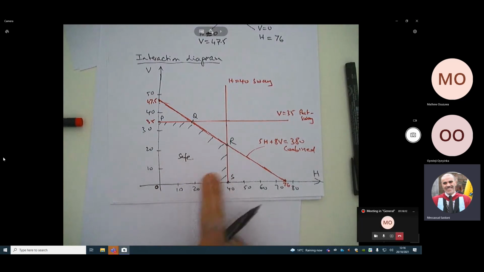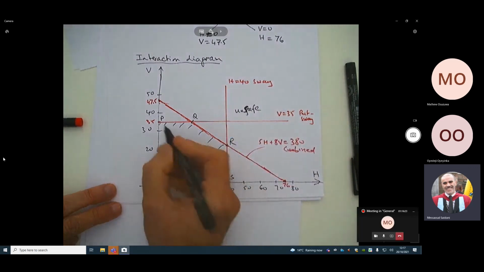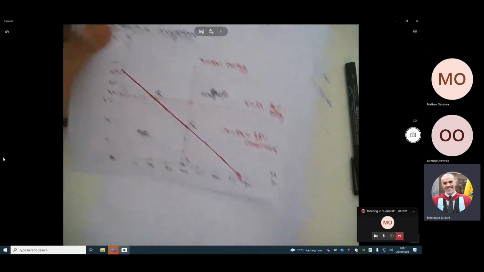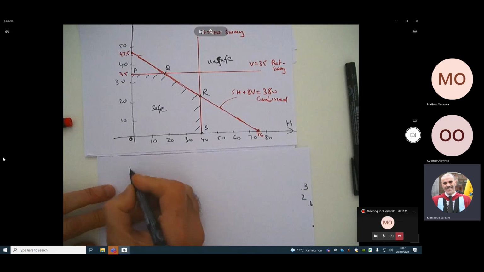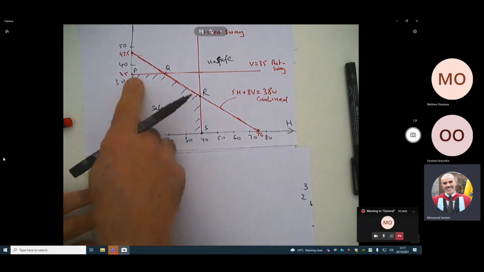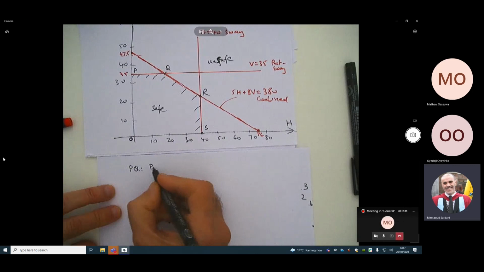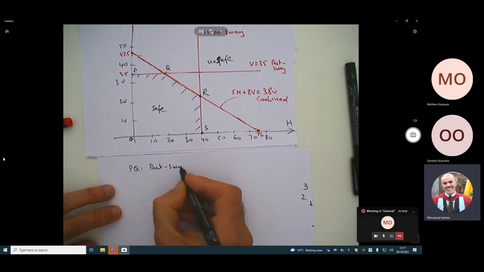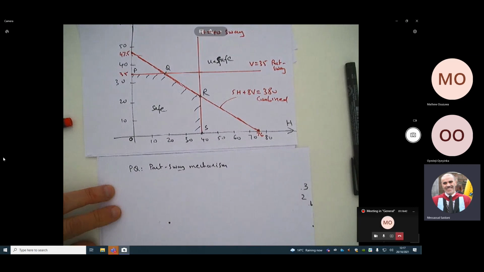So anything inside the border here is safe. Anything outside, obviously, is unsafe. Okay? Then we have the specific lines. PQ is the part sway mechanism.